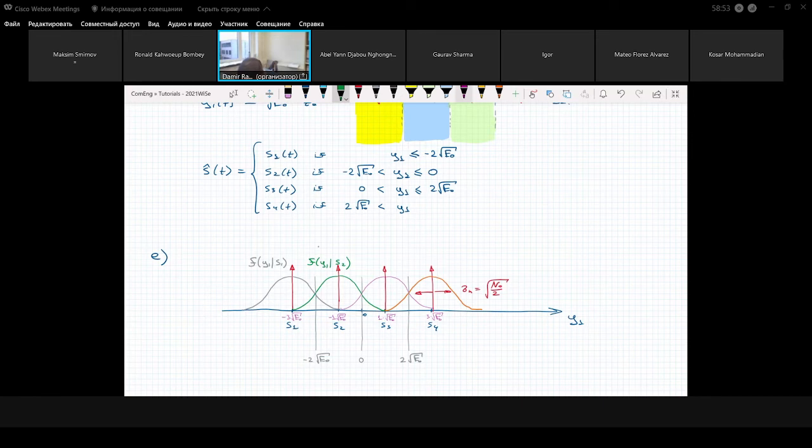Then purple is the probability density function of voltages Y1 when we transmit S3. And the orange one, f of Y1 when we transmit S4. So depending on what we transmit, we have different conditional probability density functions. So what else do we have to specify?